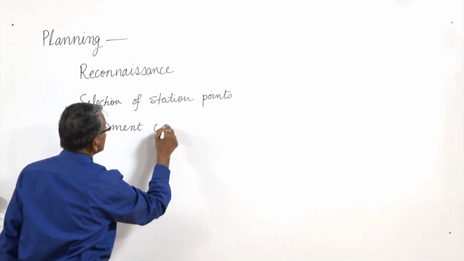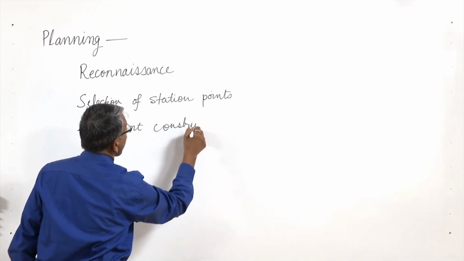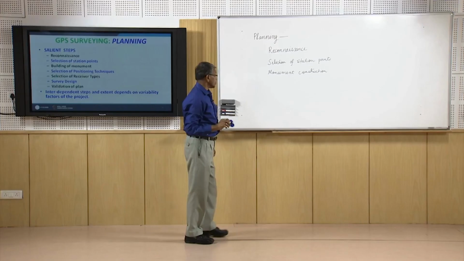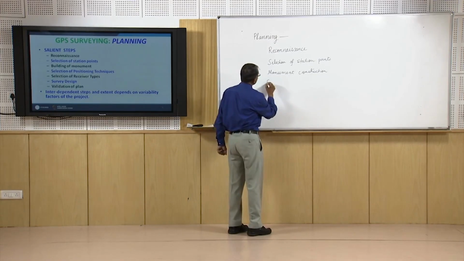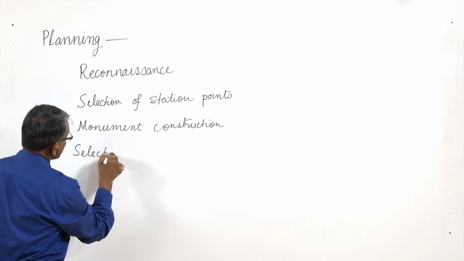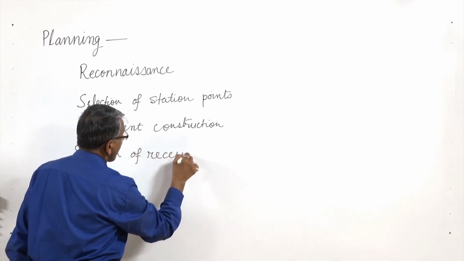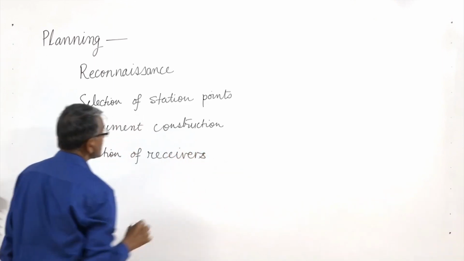Once the station points get selected, we should go for monument construction, then we should go for selection of receivers.